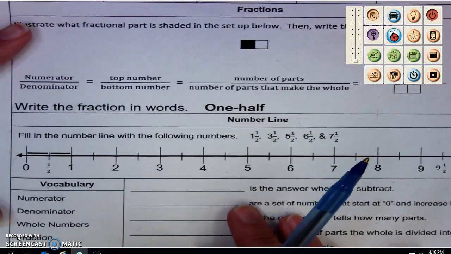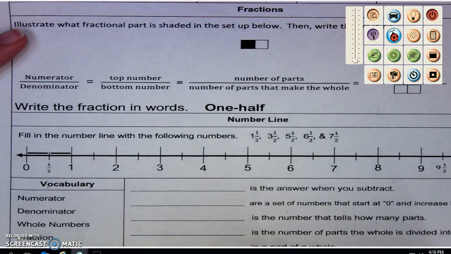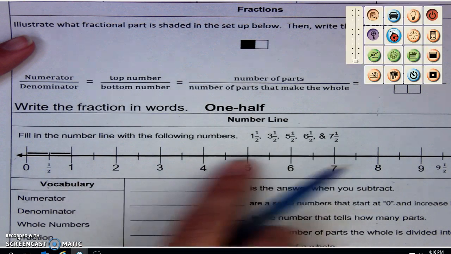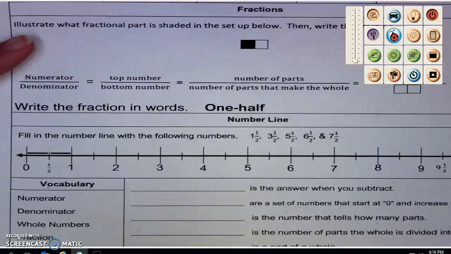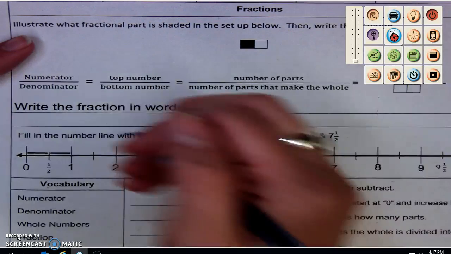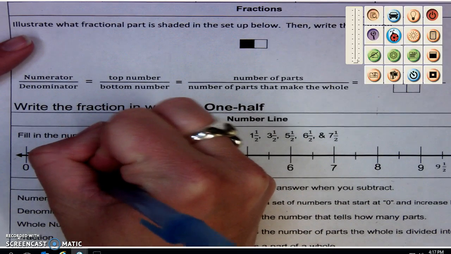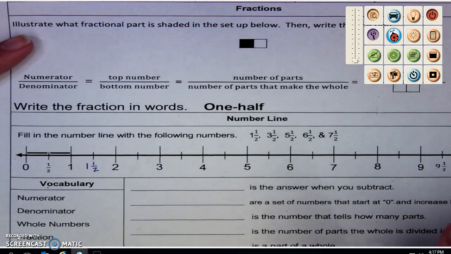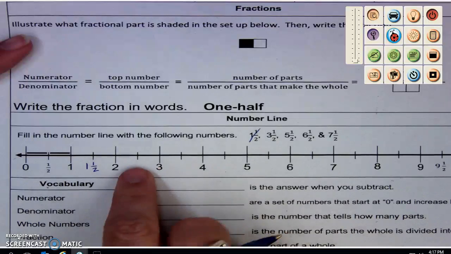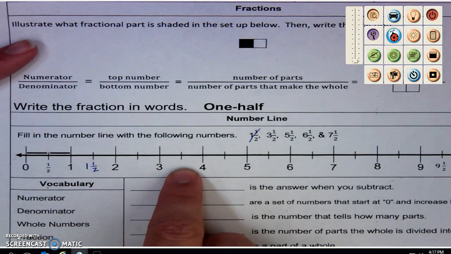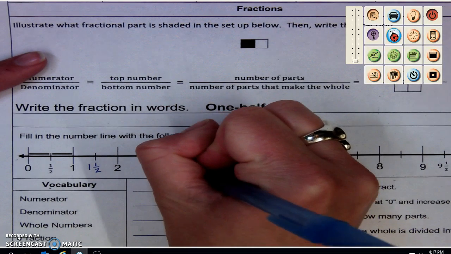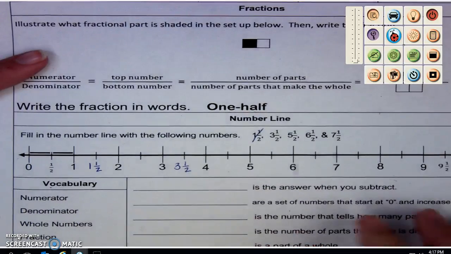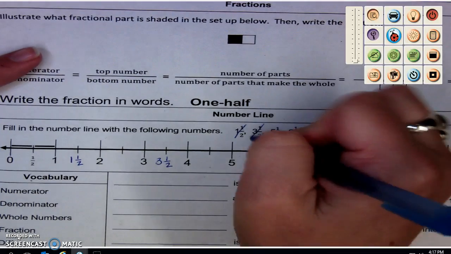On to the number line. We're going to look at fractions with the number line as well. All we're doing is we're filling in these on top. So this is 1.5. So 1.5 becomes in between 1 and 2. So this would be 2.5. So here is 3.5. It is in between 3 and 4.